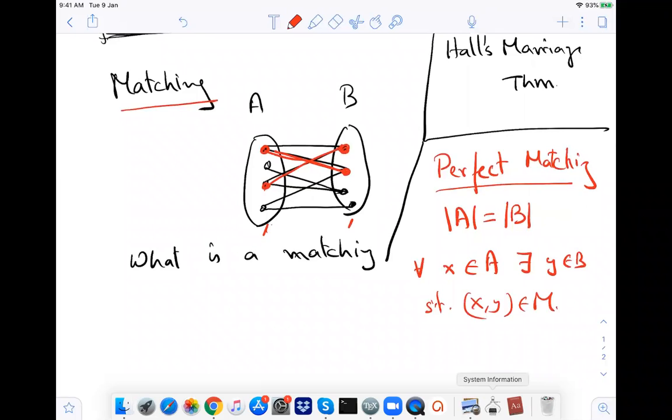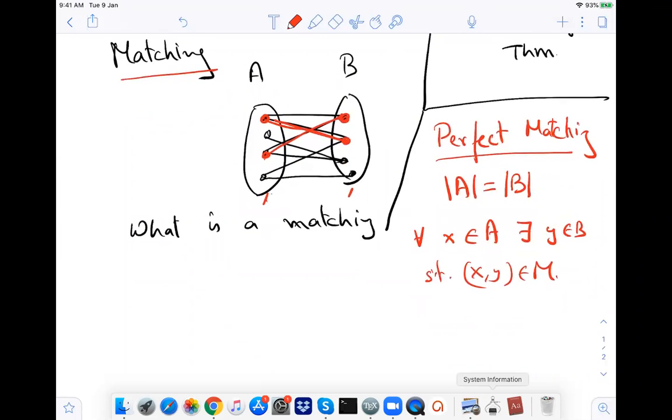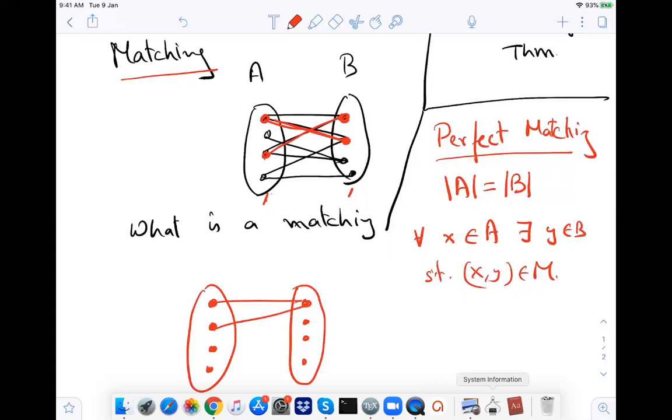Now, let's try to see when can we say that there cannot be a matching. So, say here I have 4 elements, and I have this kind of graph.